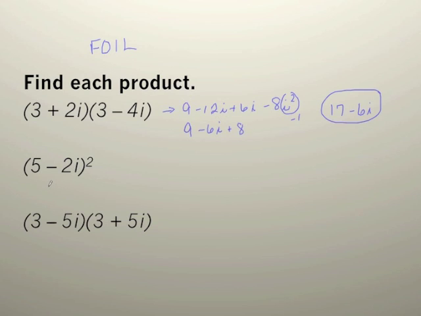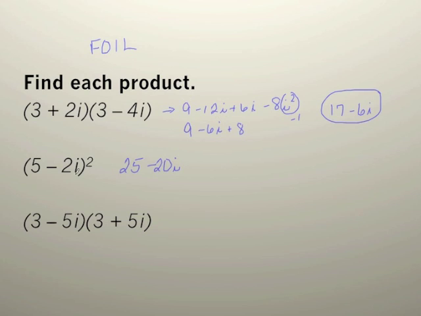When we're squaring, just as if squaring binomials, the square of the first term is 25. You might remember when we're squaring binomials, when we do the outside and inside terms, they're the same. So I can take 2i times 5. It's negative 10i, and because we'd have two of those, we double it, so it'll be negative 20i.